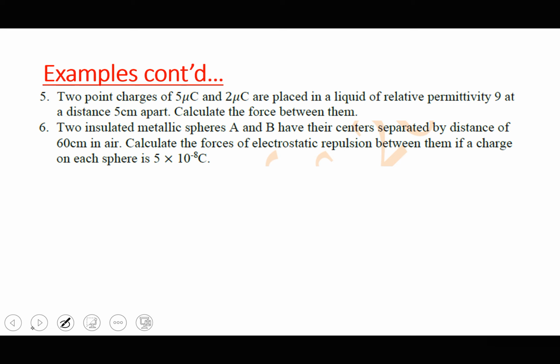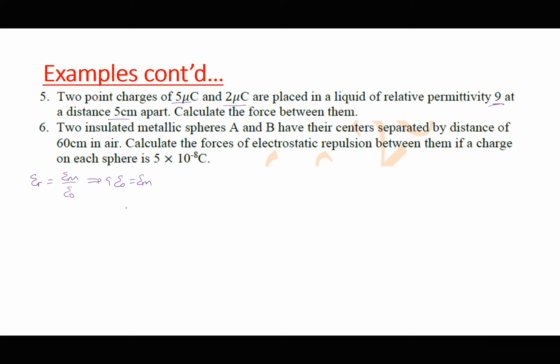Question 5. 2 point charges, 5 microcoulombs and 2 microcoulombs, are placed in a liquid of relative permittivity 9 at a distance of 5 centimeters apart. Have it in mind that relative permittivity epsilon r is the same as epsilon m over epsilon naught. If relative permittivity is 9, it means 9 times epsilon naught is equal to epsilon m.